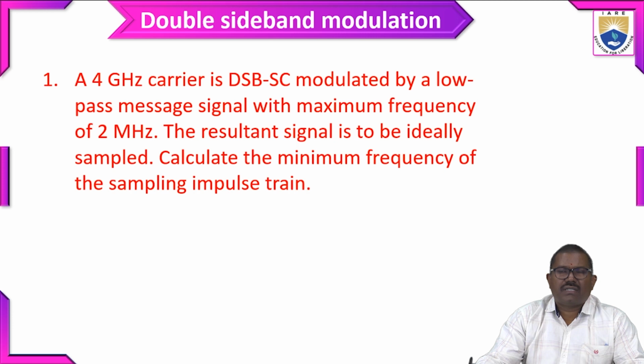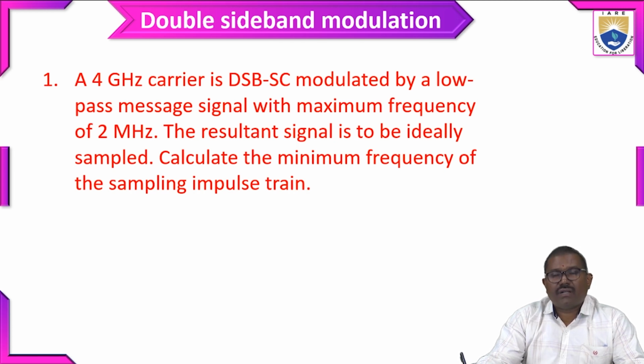Here the problem is regarding double sideband suppressed carrier. Before solving this problem, you must have an idea of what a DSB-SC signal is and what an amplitude modulated signal is. The only difference between amplitude modulation and DSB-SC is that in DSB-SC the carrier is suppressed, whereas in amplitude modulation we have the full carrier.